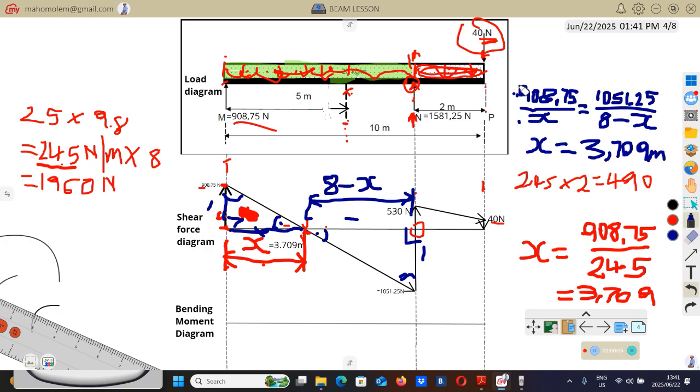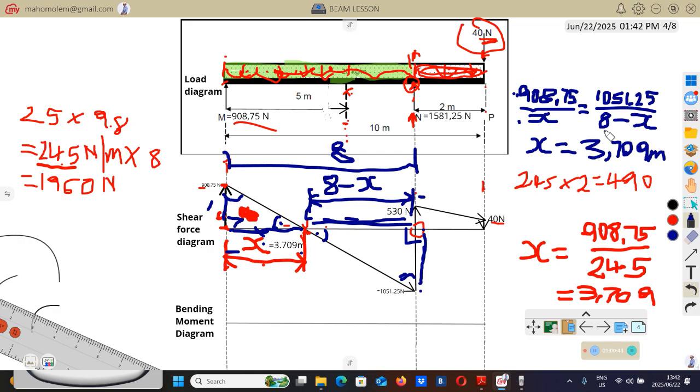Then we equate it to this vertical side divided by horizontal side. So the vertical side from here to this, 1051.25, divided by this side, which is the distance. Remember the distance from here to there is 8 meter. So if from here to there is 8 meter and from here to there is x, then this length from here to there will be 8 minus x. So this distance is 8 minus x.